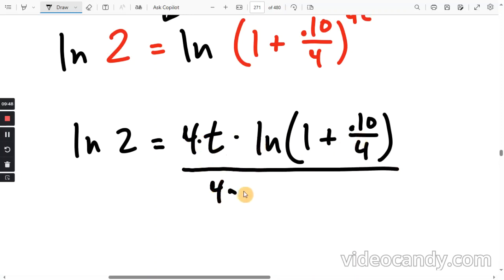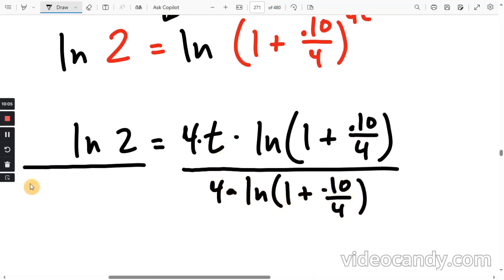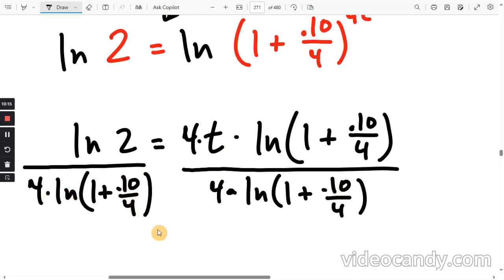Since it's times ln, I'm going to divide it by ln. So this is 4 times ln in the denominator. Do that to the other side. 4 times ln of 1 plus 0.10 over 4.